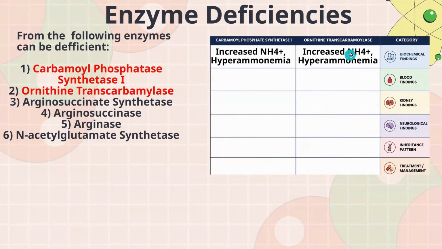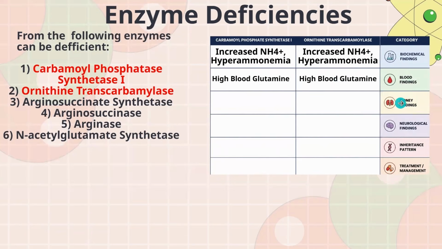Here we're also going to have increased NH4 plus and hyperammonemia, even though we're converting it to carbamoyl phosphate. Carbamoyl phosphate is still retaining NH4 plus, even though we're using it to generate carbamoyl phosphate. In our blood findings, we're going to notice very high blood glutamine levels in both of them.